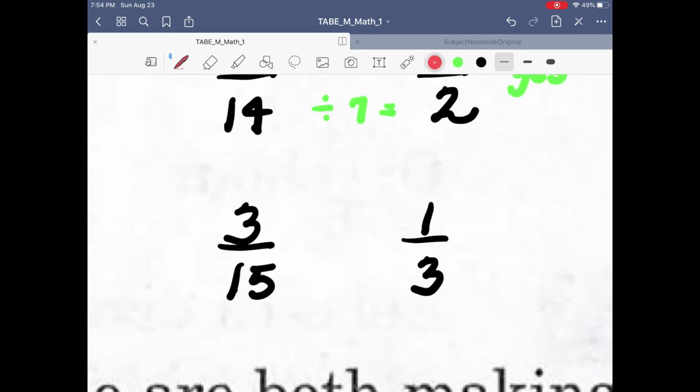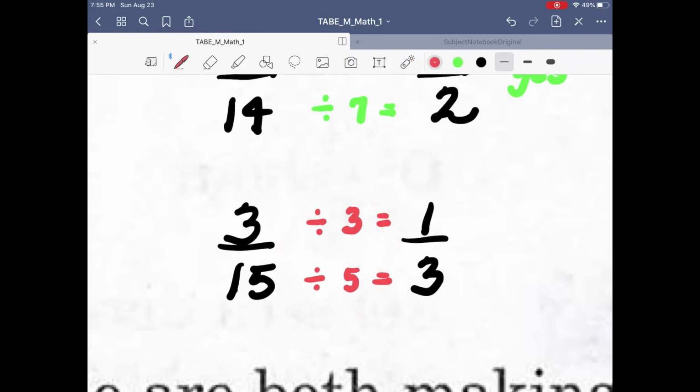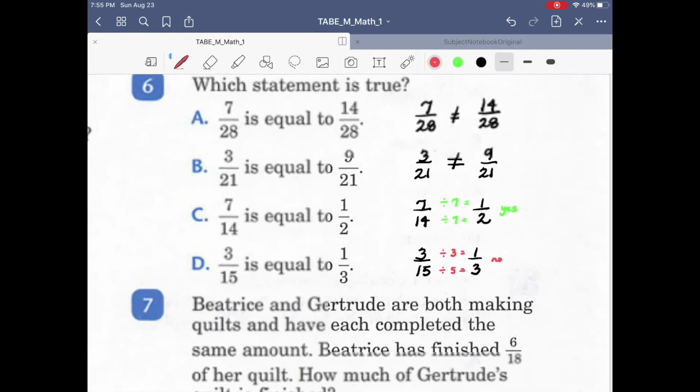3/15 breaks down to 1/3. Well, this is 3 divided by 3 is 1. But 15 divided by 5 is 3. So those are possible, but we need these to be the same digit.